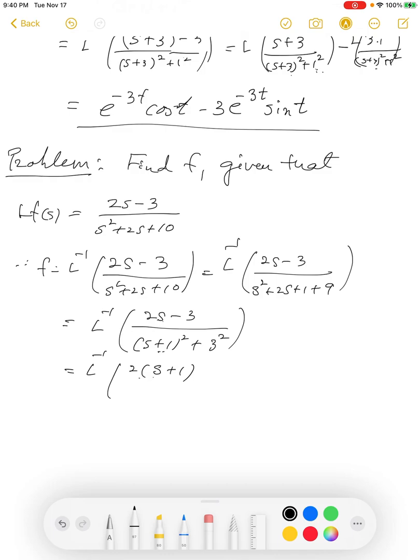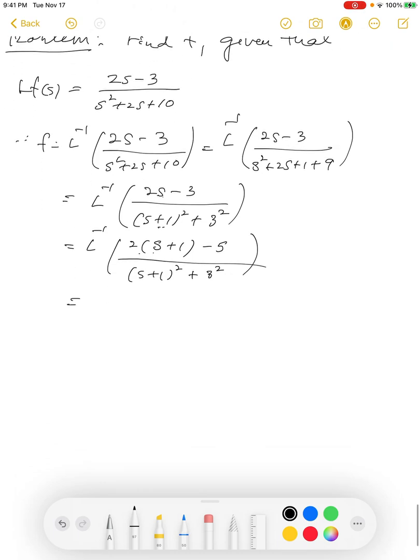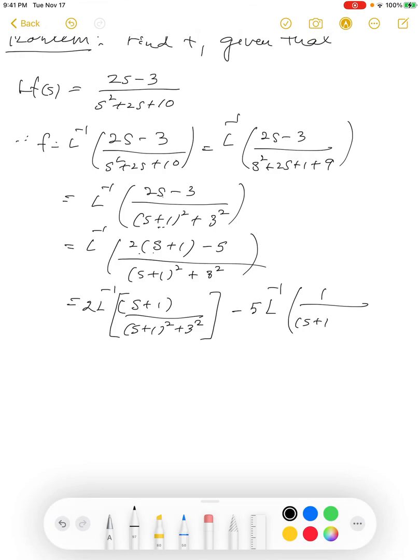So I will have 2s plus 2, I have minus 3, so I have to subtract 5. Then I know I will split first of all this into two terms. 2 can be written outside. You get (s plus 1) over (s plus 1) square plus 3 square, minus 5 times L inverse of 1 over (s plus 1) square plus 3 square.